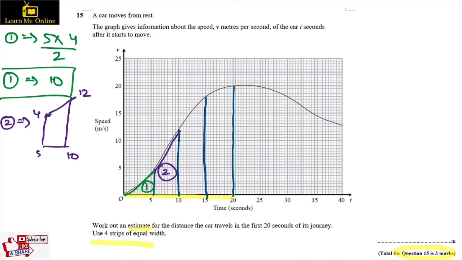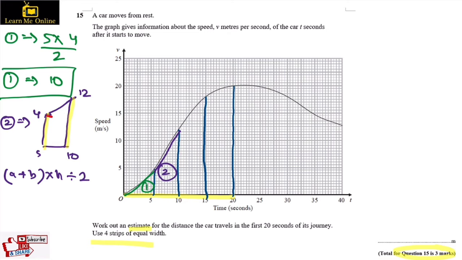To find out the area for a trapezium, we have a formula: a plus b, then times by h, and then divide by 2. A plus b are the 2 parallel lengths. So here the 2 parallel lengths are this and this one. This is 4 here.